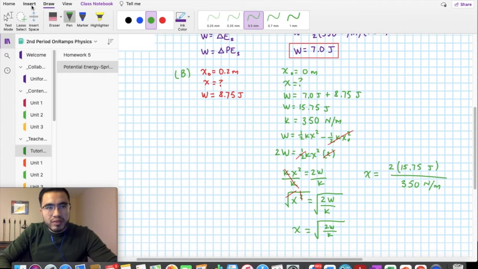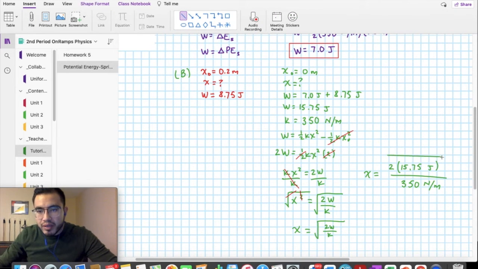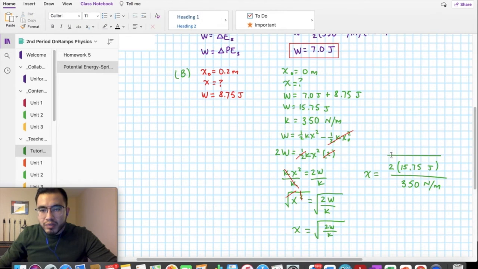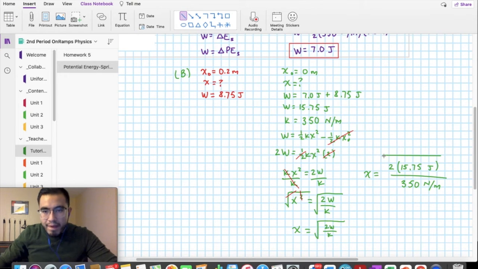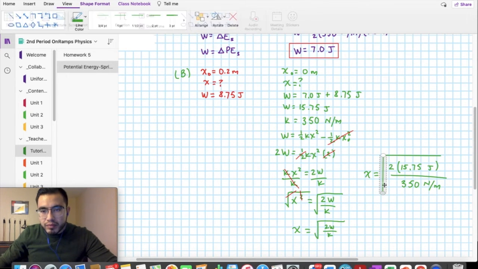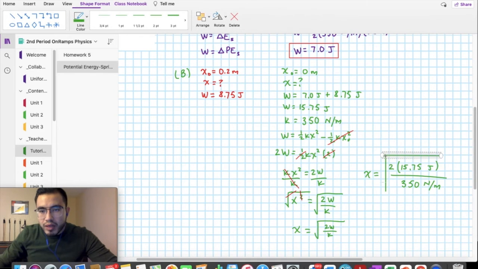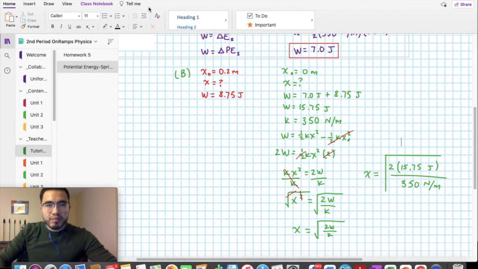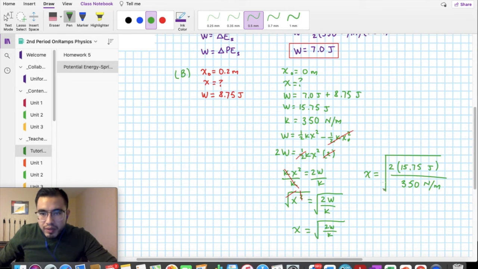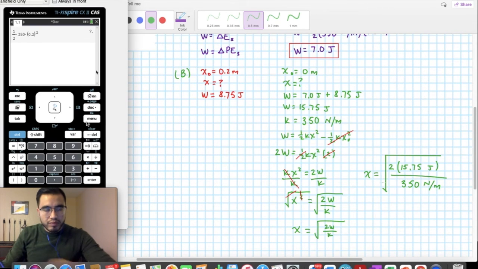Let's try it. Taking the square root, let's use parentheses.